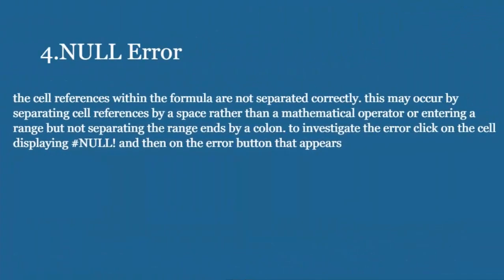And fourth error is null error. The cell references within the formula are not separated correctly. This may occur by separating cell references by a space rather than a mathematical operator, or entering a range but not separating the range ends by a colon. To investigate the error, click on the cell displaying null and then on the error button that appears.